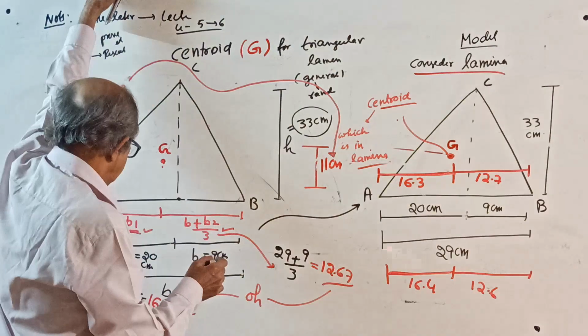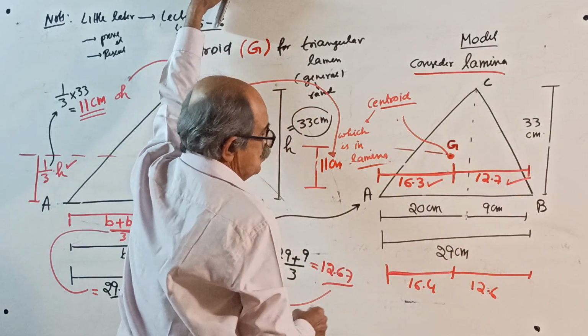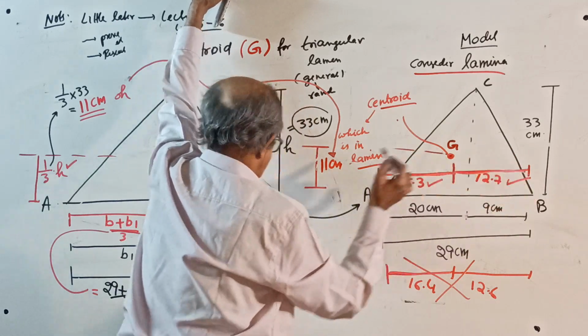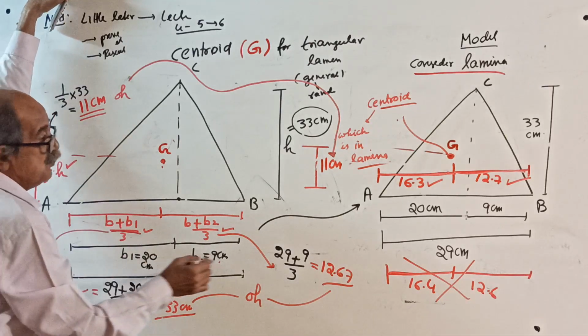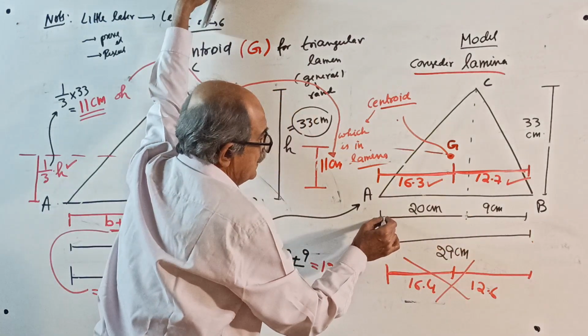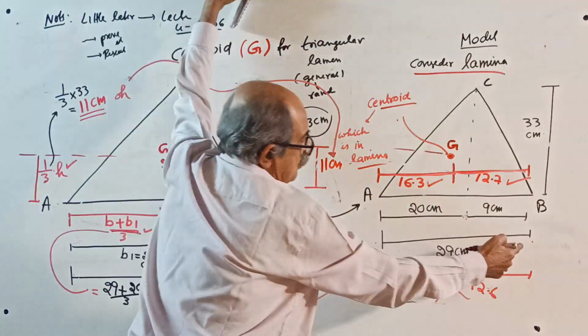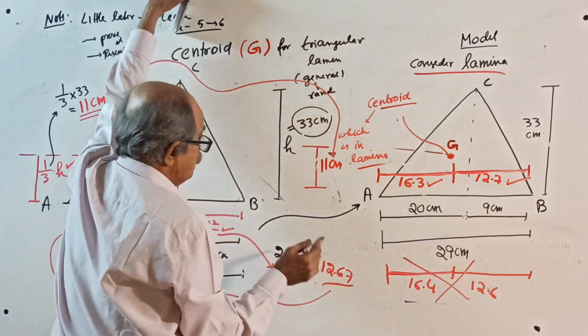So therefore you can tell this is the correct answer. So 16.3, 12.7. You got here also, see, 16.3, full base 29 plus cut base 20 divided by 3, 16.3, and full base 29, that side cut base 9 divided by 3, 12.67.